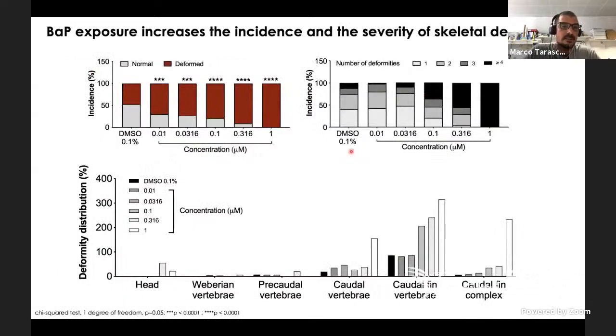After quantifying hundreds of fish, we could indeed confirm that with BAP, increasing the concentration was increasing the percentage of deformed individuals, reaching 100% at 1 micromolar.